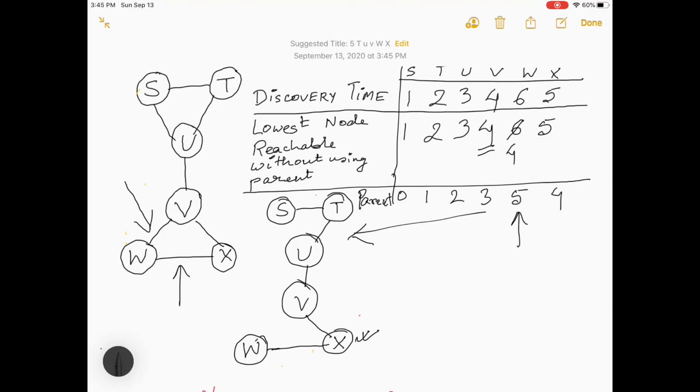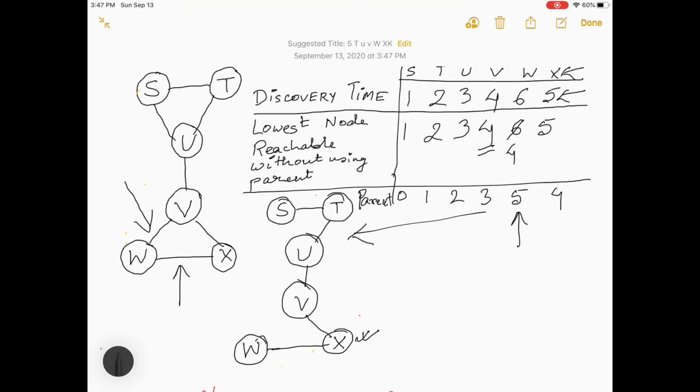So we see for W the parent has a discovery time of 5, and we see that 5 happens to be the discovery time of X. So we know that X is the parent of W, and according to our algorithm, while computing the earliest reachable node, we would discount the back edge between the node and its parent.